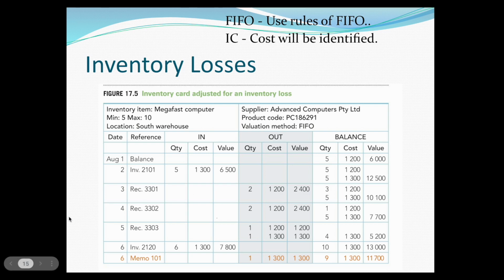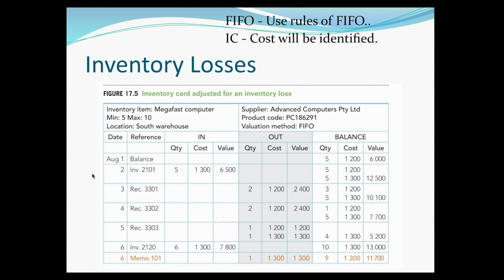Now remember, inventory losses and gains are always recorded with the source document of a memo. So when inventory comes in, you have an invoice. When inventory goes out, you have receipts. Remember, when you go to Kmart, you go to Kohl's, when you buy groceries, let's say you're going through a self checkout, or you're going through a counter, the employee will always give you a receipt because you're making the purchase, and that's the source document that will give the total amount.